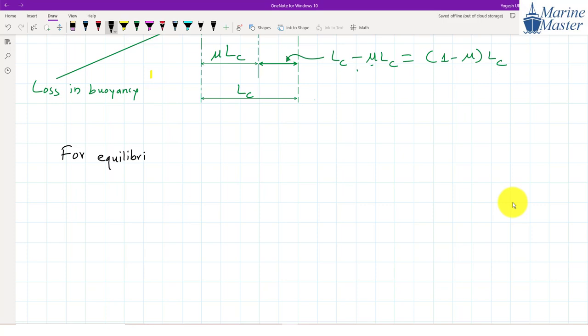So for equilibrium, the loss in buoyancy will be equal to the gain in buoyancy.